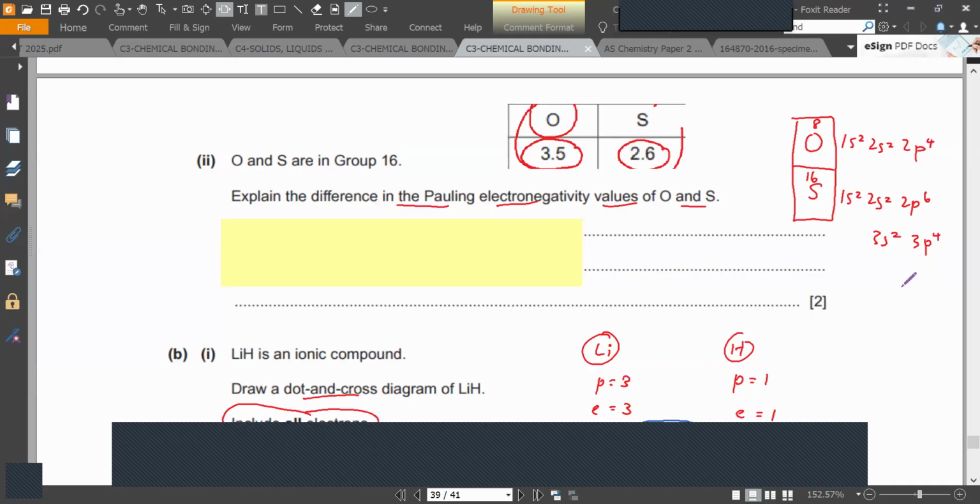Sulfur will be 2, 8, 6, and then oxygen will be 2, 6.